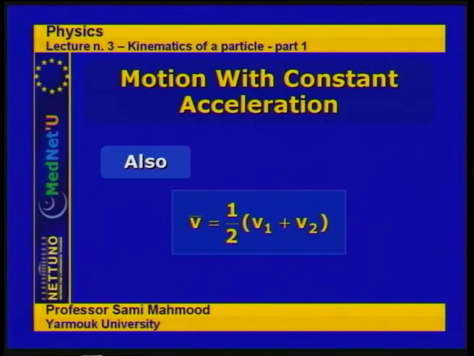So the average velocity is half of V1 plus V2. That is a consequence of the motion with a constant acceleration.